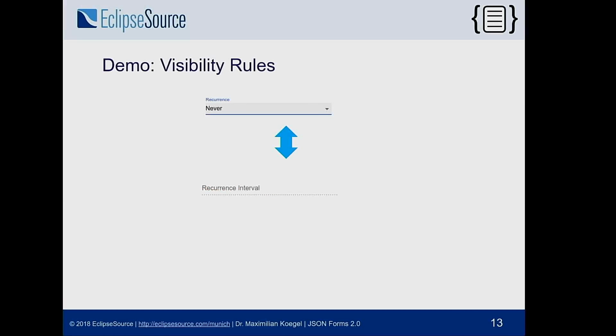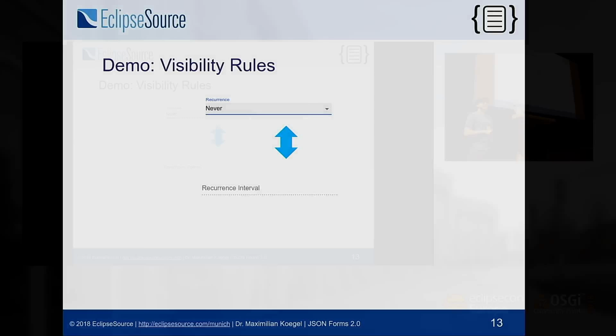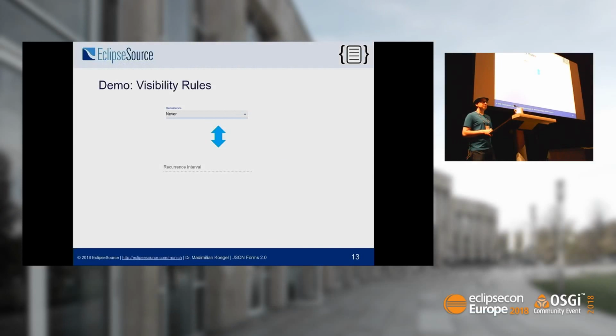Then a second feature that is quite frequent, if you have some part of the form that is not supposed to be filled in any case, that maybe depends on the value of another input field, you could, with JSON Forms, either disable or hide that entire section of a form.